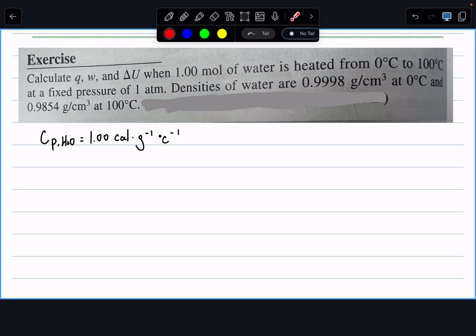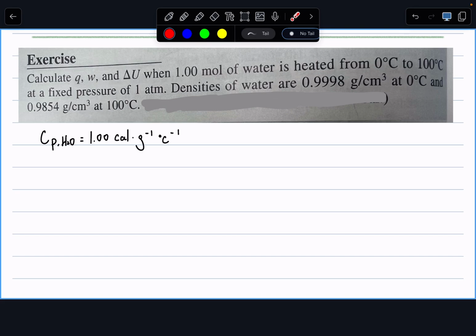And then for work, since we're talking about the change of the volume of the water in the process when we heat it up, the volume change is going to be very small and also a super slow process. So we can use the reversible work relationship, W equals negative integral from V1 to V2 of P dV.